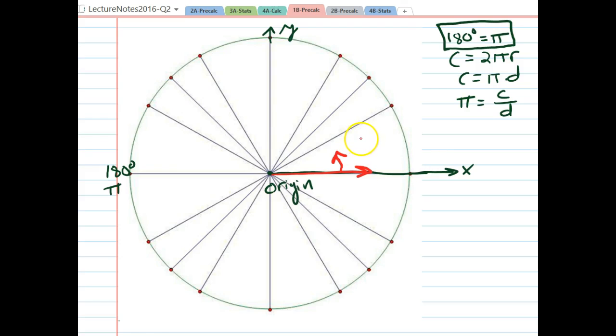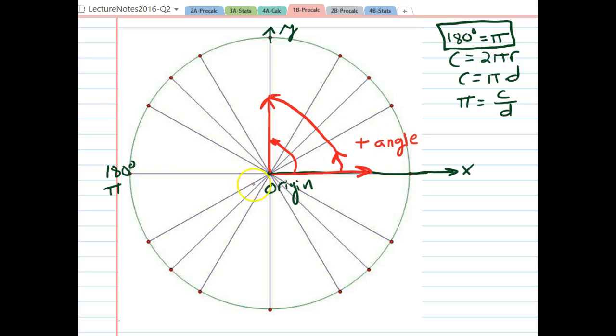Anything that rotates upward is a positive angle. And so if I rotate this red arrow in this direction and it ends up right here, then this arrow is representing a 90-degree angle.